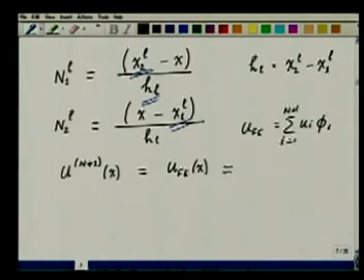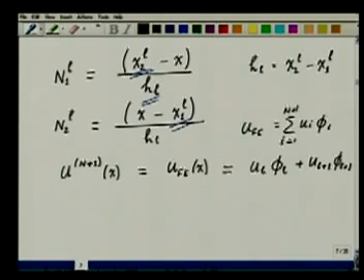So what we'll get, u_FE in the element will be equal to UL phi L plus U L plus 1 phi L plus 1.